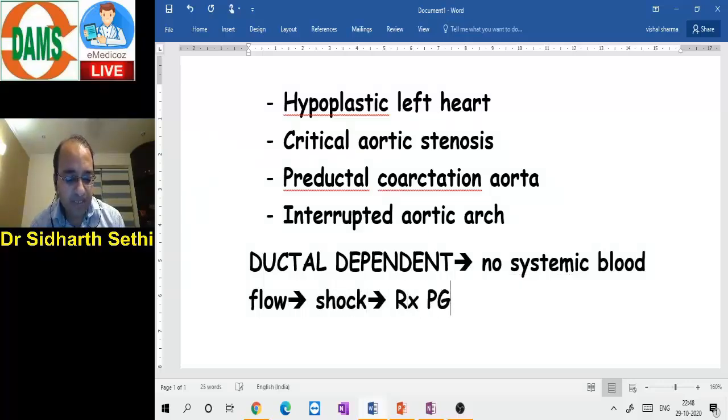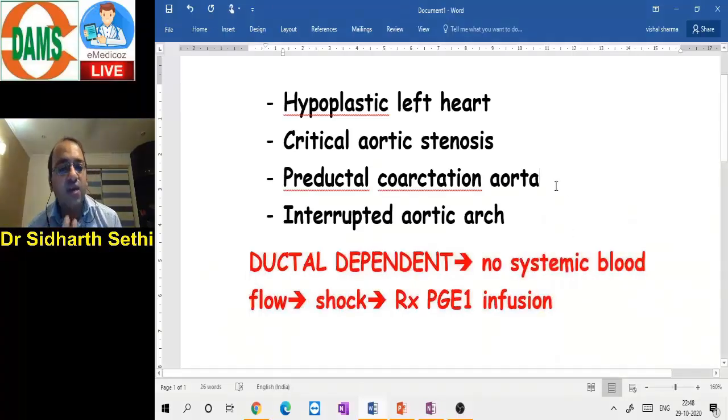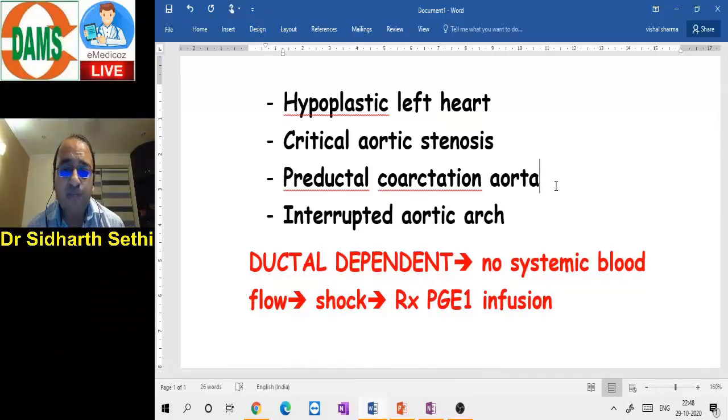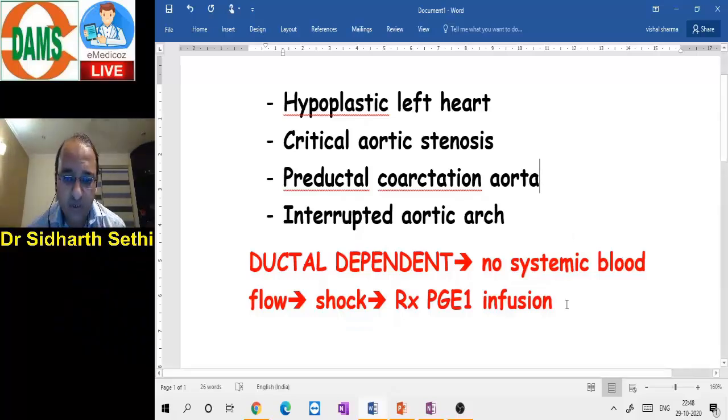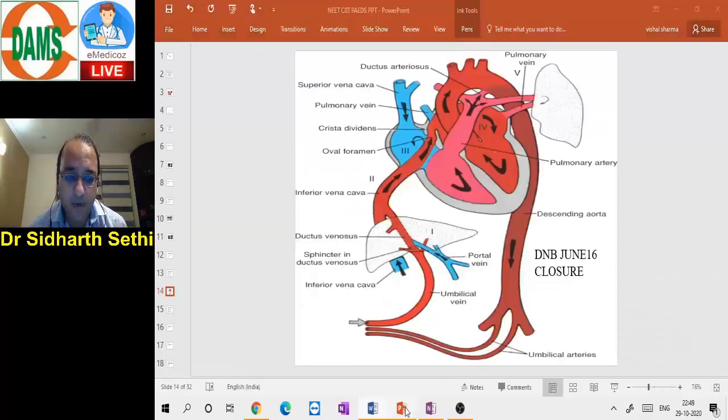So in the emergency, all of you, we will give him continuous prostaglandin infusion. So all of you remember, in the first week of life, if you ever have a child who comes to you in shock or central cyanosis, we give him prostaglandin infusion, which is also called alprostadil, in the emergency to keep the ductus arteriosus open.